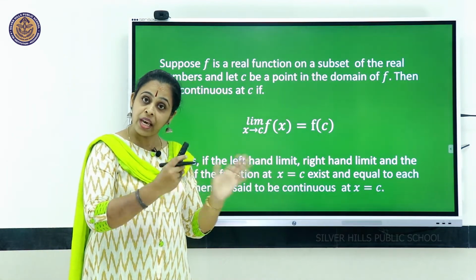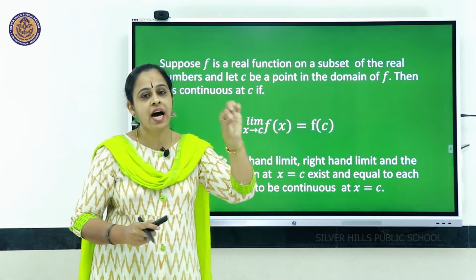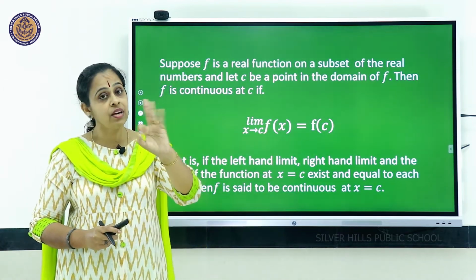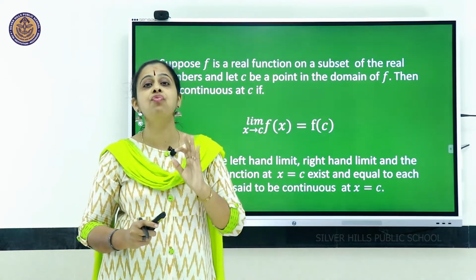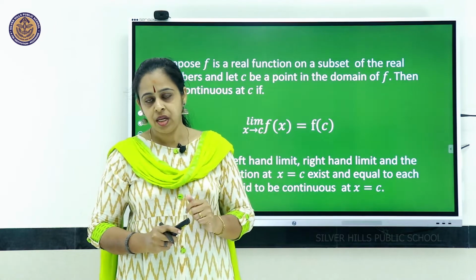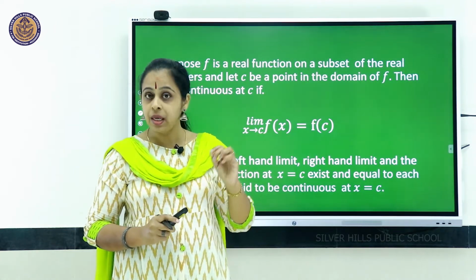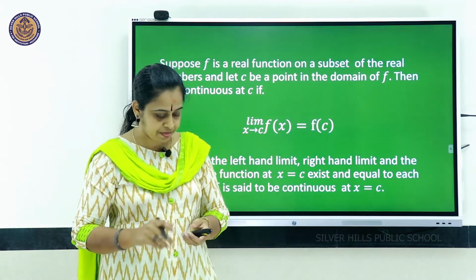If you come through any way, either from the left side or the right side or directly to the point, the three values should become unique. Then only we can say the function is continuous at the particular point c. Let us do some examples keeping in mind this definition.